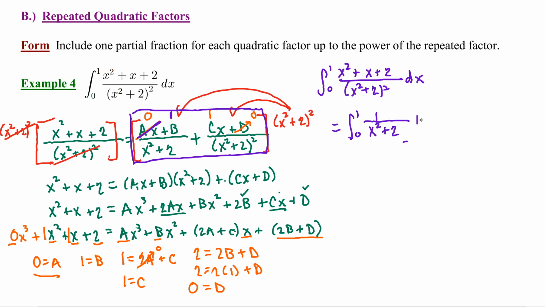Second, we're going to add this to, remember, we discovered c is 1 and d is 0. So plugging 1 in for c, we have x over x squared plus 2 quantity squared dx. We can split this into two separate integrals, which we'll likely have to handle with two different techniques. So I'm going to split it up here.